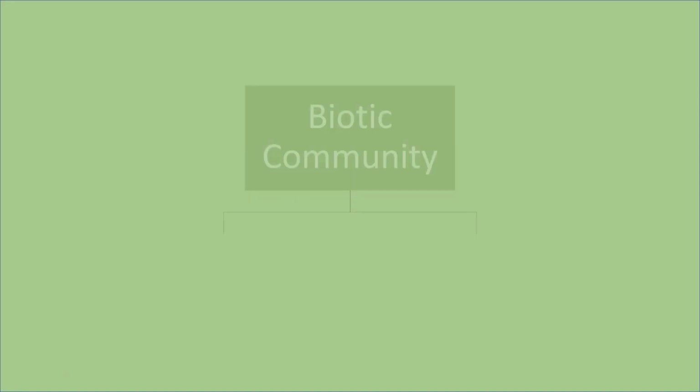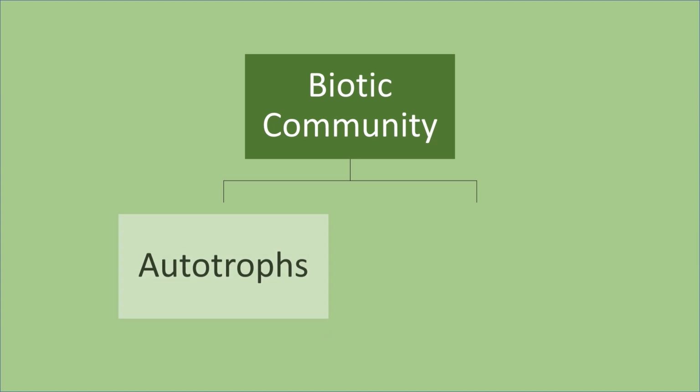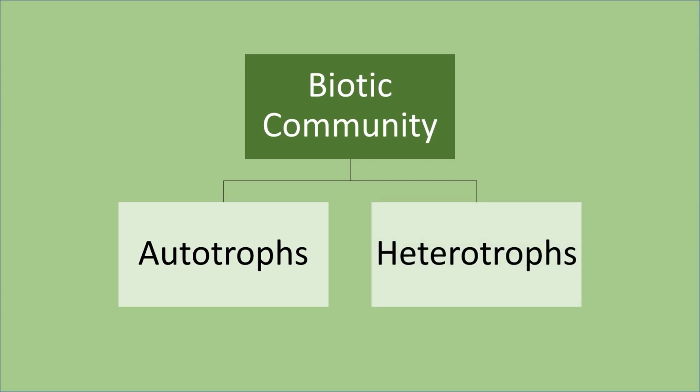In the biotic components, the biotic community constitutes the autotrophs, which are the producers, and the heterotrophs, which include the consumers. The autotrophs are able to manufacture their own food, while the heterotrophs depend on other organisms for their survival.